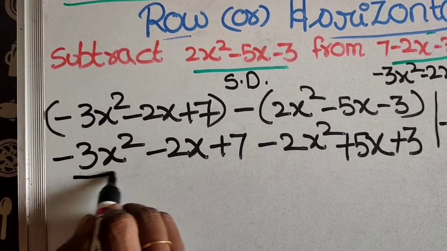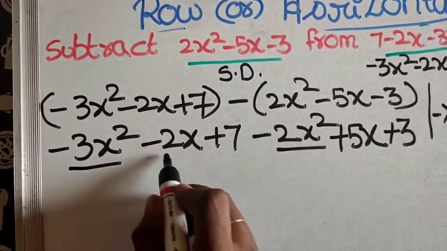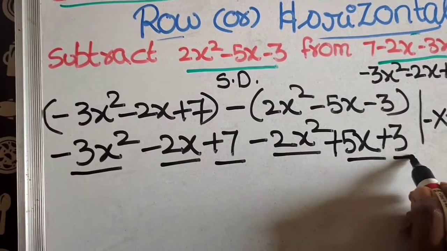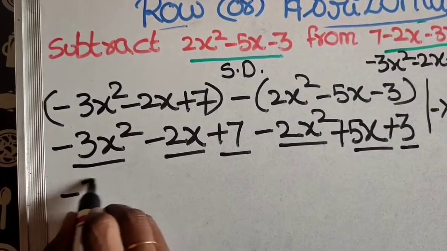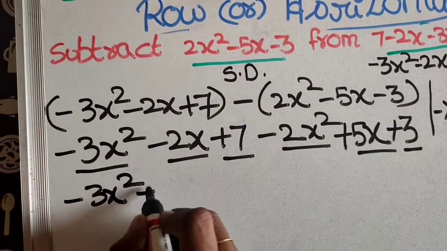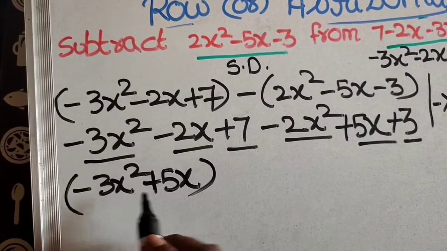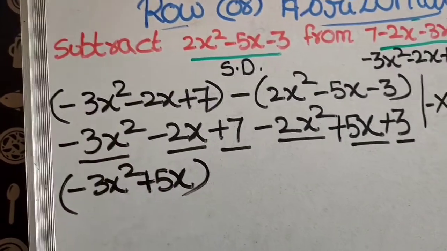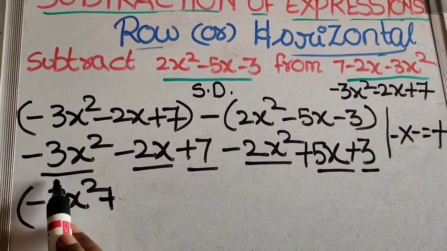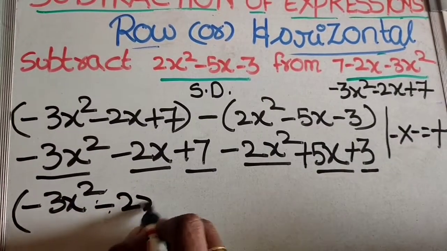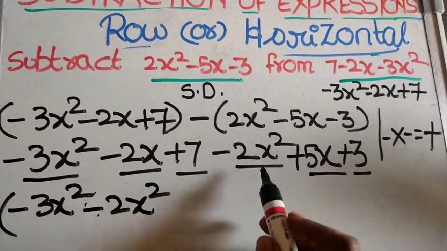So start grouping our x square terms, x terms and constants. Minus 3x square minus 2x square. Minus 3x square and minus 2x square. So you have to group it.